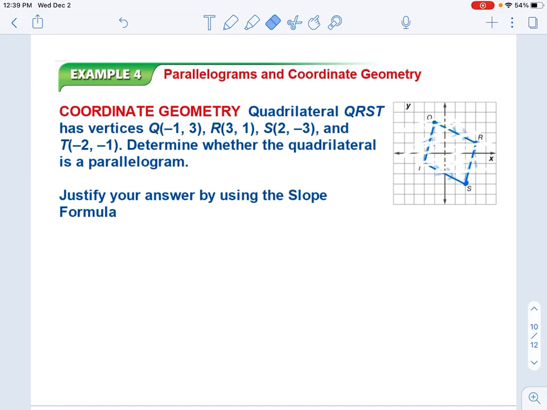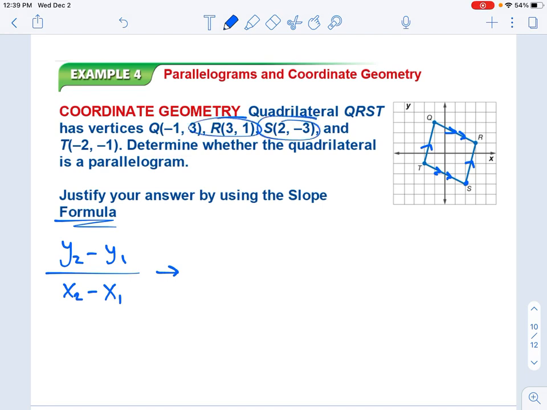So we have our slope formula. That's our question here. Maybe I should leave those on there. Our slope formula is y2 minus y1 over x2 minus x1. With the picture, it really is just easy enough to count, but they did say with the formula, so we're going to do it. So I'm going to find the slope of RS first.